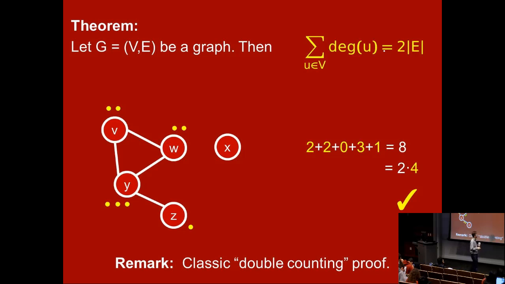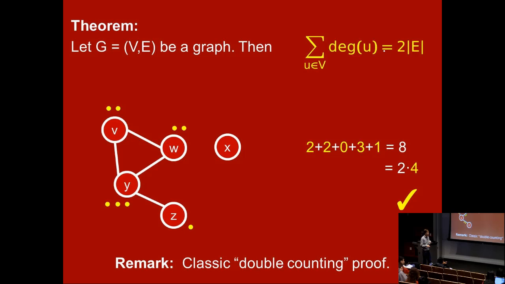So on one hand, the total number of tokens is the sum over all vertices of the degree, because that's how many tokens you gave out. But at the end, each edge gets 2 tokens, 1 from each of the 2 vertices on which it's incident. So on the other hand, there's 2 times the cardinality of E tokens, so that gives you this equality.